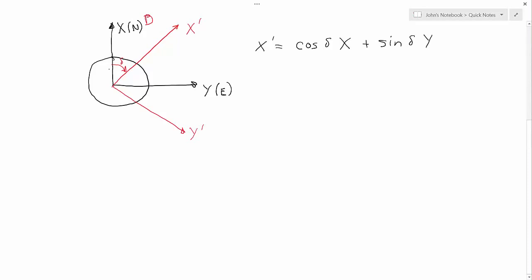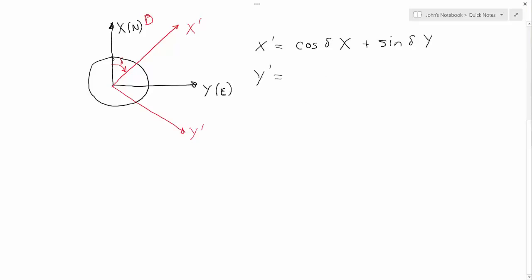So cosine delta x is the shadow of x prime on the x-axis, right? And sine delta is the shadow of x prime on the y-axis, right?